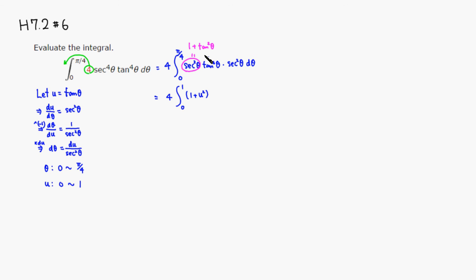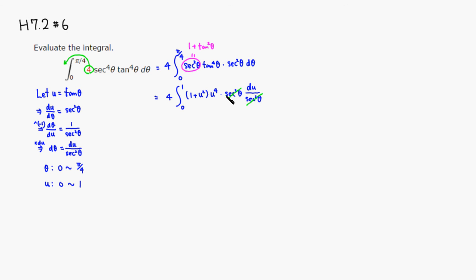Then tangent to the fourth is u to the fourth. I'm going to leave secant squared of theta alone, and d theta is the same thing as du over secant squared of theta. So we can cancel secant squared of theta on top and on the bottom.